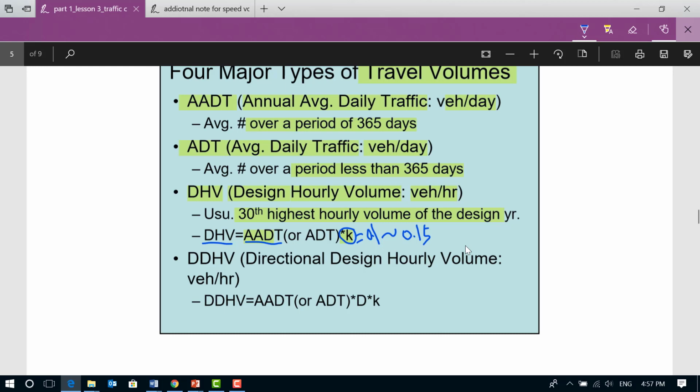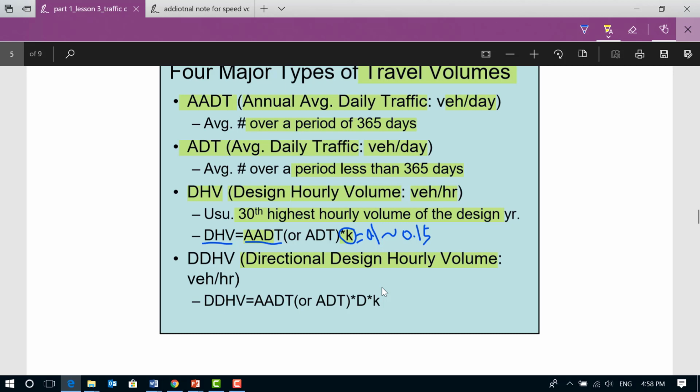Okay, so once you are done with your design hourly volume, then you might say, okay, I'm done with our design. No, in some situations you have to consider the directional design hourly volume. Why? Why directional design hourly volume? Because if you think about some freeway traffic volume in the morning, let's use I-210 or I-10 as an example.